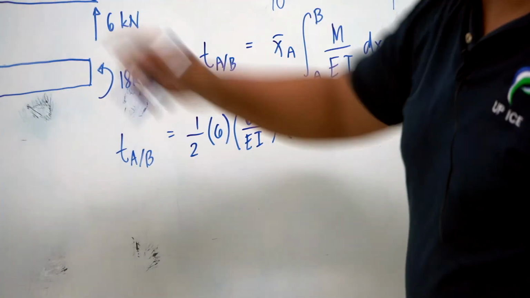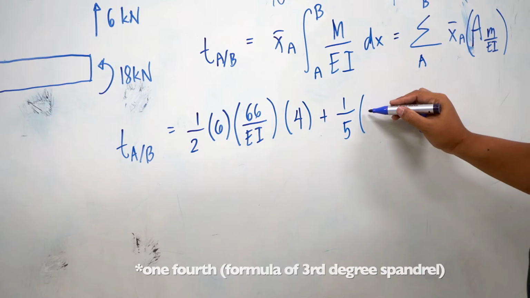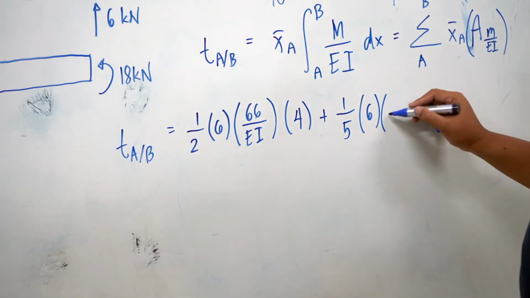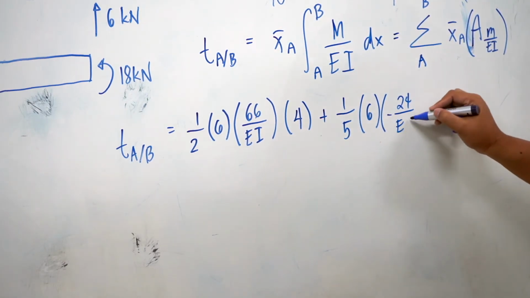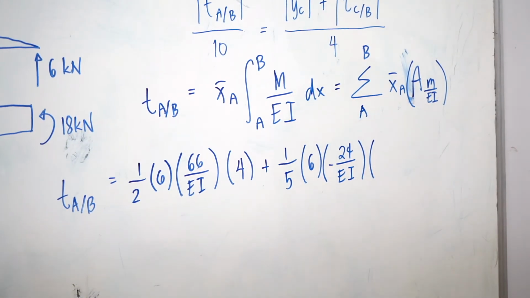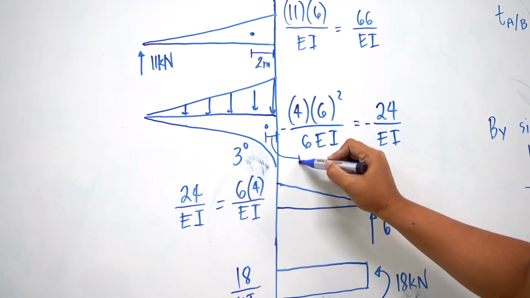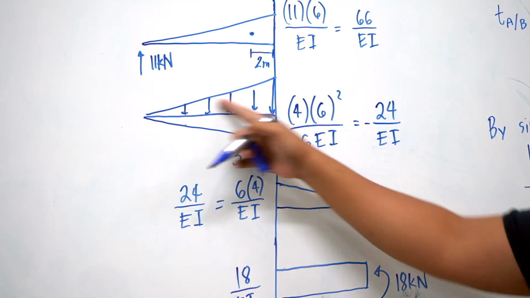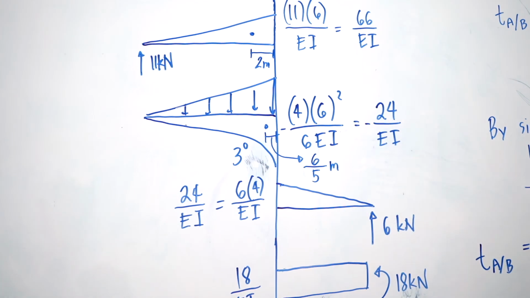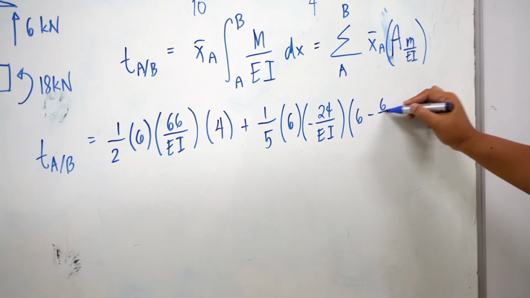And then this area here: the area is 1/5 times base, which is 6, times the height, which is negative 24 over EI, times its centroid. The centroid of this one is at this point. That length is 1/5 of this length, so that's 6/5 meters. So measured from A, that would be 6 meters minus 6 over 5.